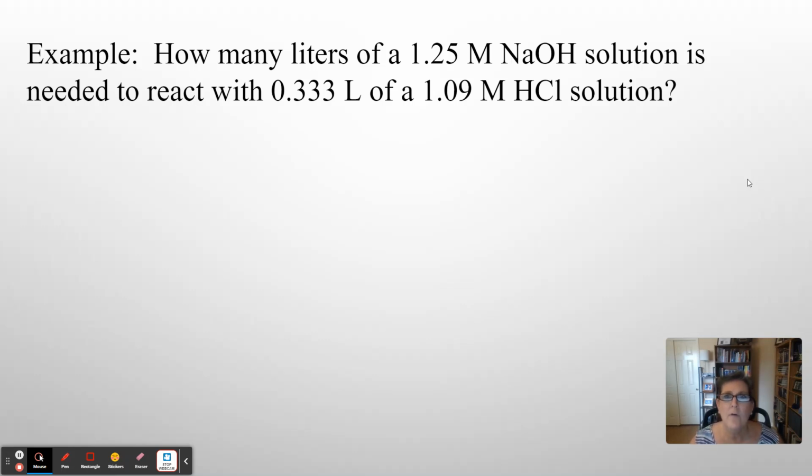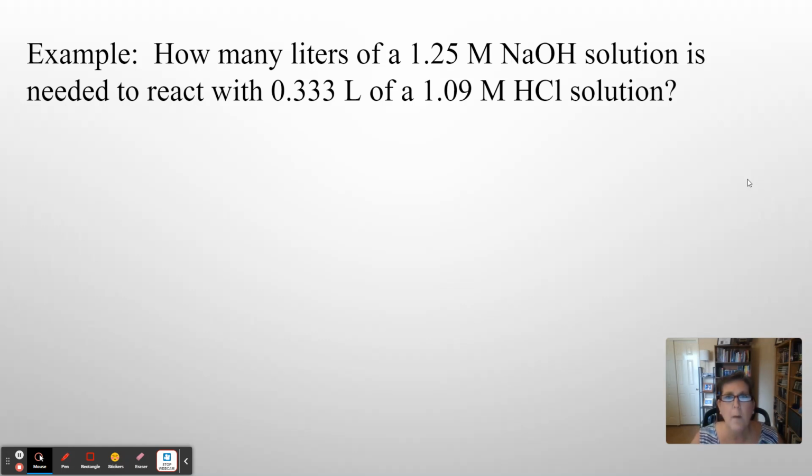We have a molarity for sodium hydroxide, but we don't have the liters. That's what we're finding. So we're finding liters of sodium hydroxide. We are given the liters of the hydrochloric acid and the molarity of the hydrochloric acid. So because we know both of those about hydrochloric acid, that's where we want to start.